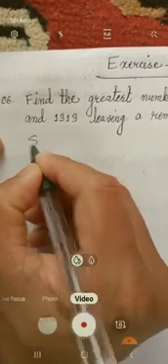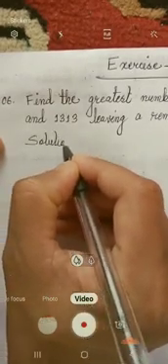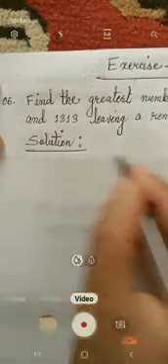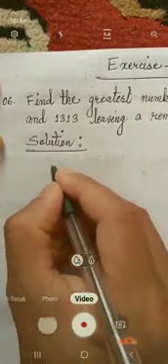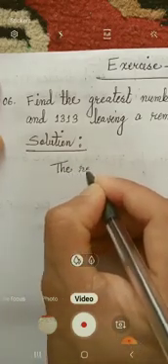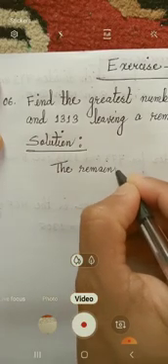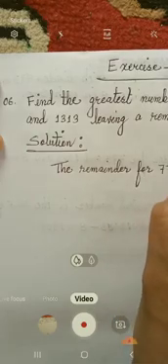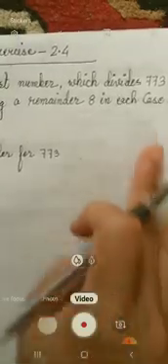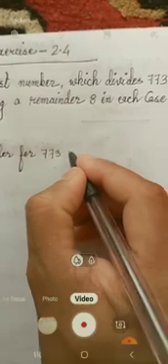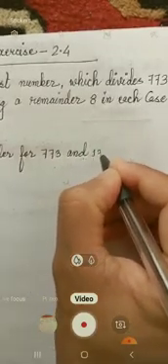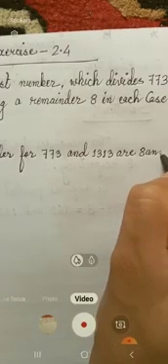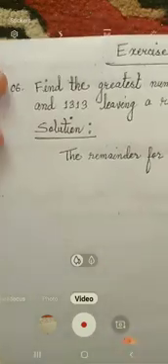Solution: first, the remainder for 773 and 1313 are 8 and 8 respectively.